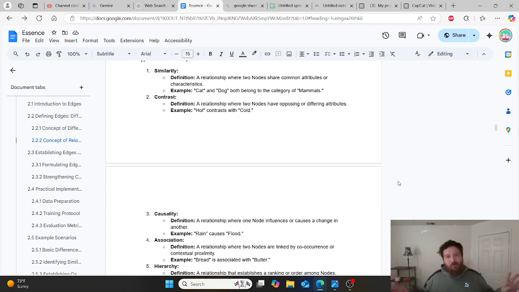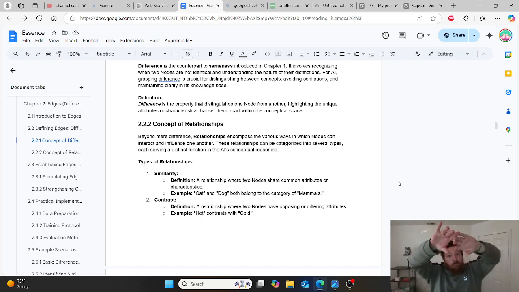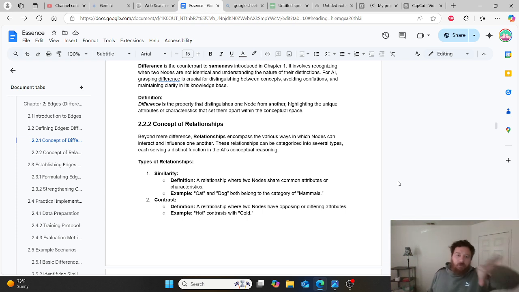They're different animals, but they're both under the category or the relationship of animal, and furthermore, they're under the relationship of mammal. You can have layers and hierarchies of these relationships. Mammal would be a sub-relationship of animal.